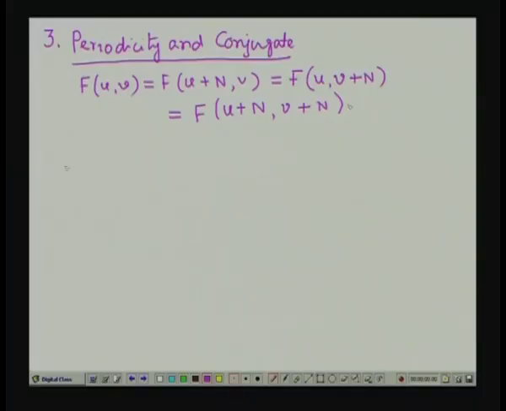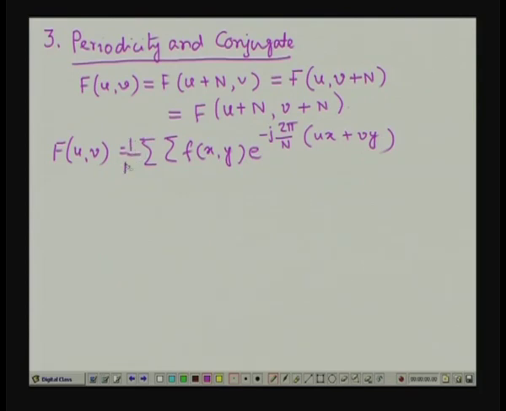You have seen the Fourier transformation expression, as we have discussed many times: F(u,v) is equal to the double summation of f(x,y) e to the power minus j 2 pi by capital N (ux + vy).